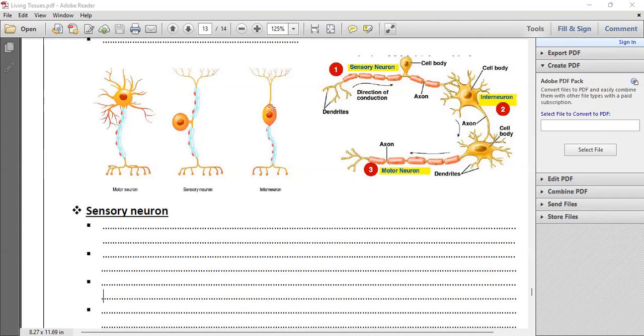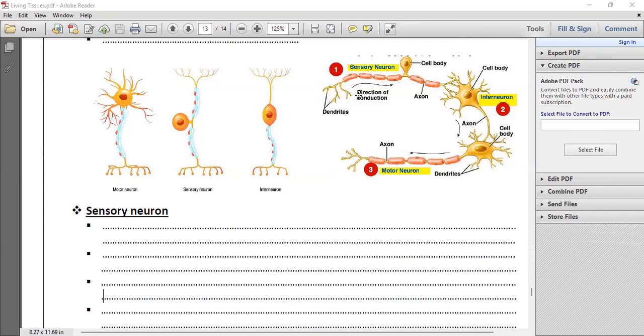The next point. Cell body is present at the center of the nerve fiber. Now we are talking about the cell body of a sensory neuron.